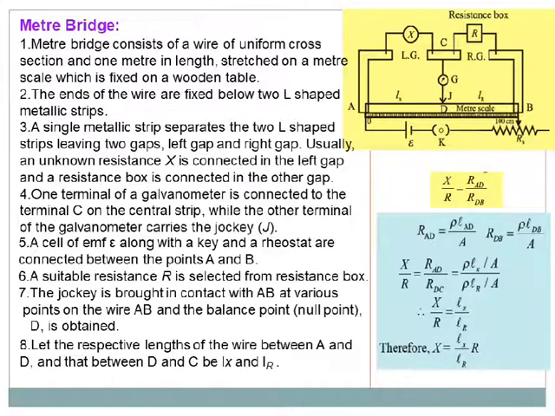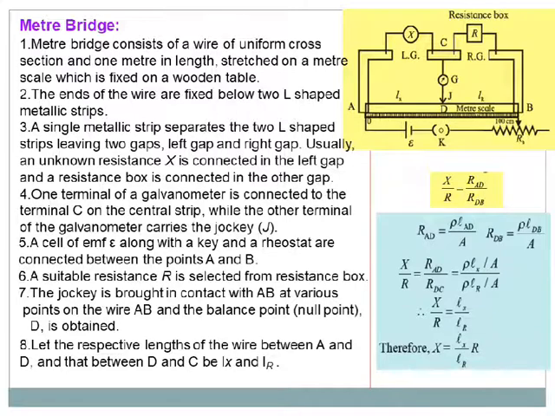By using the principle of the Wheatstone bridge, the balancing condition involves four resistors and their ratio. So X upon R is equal to the resistance along the wire, R AD divided by R DB.